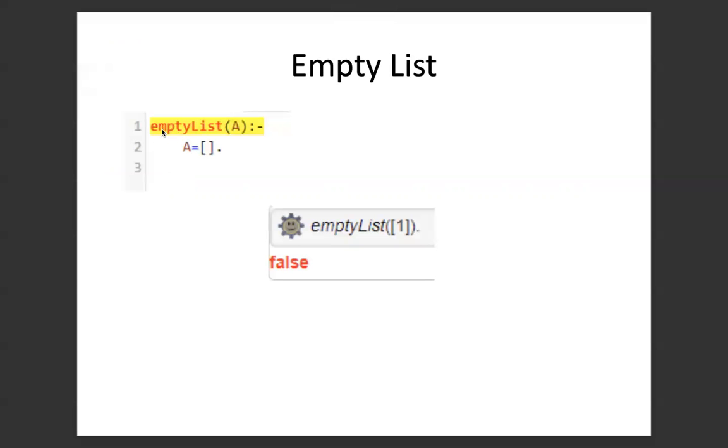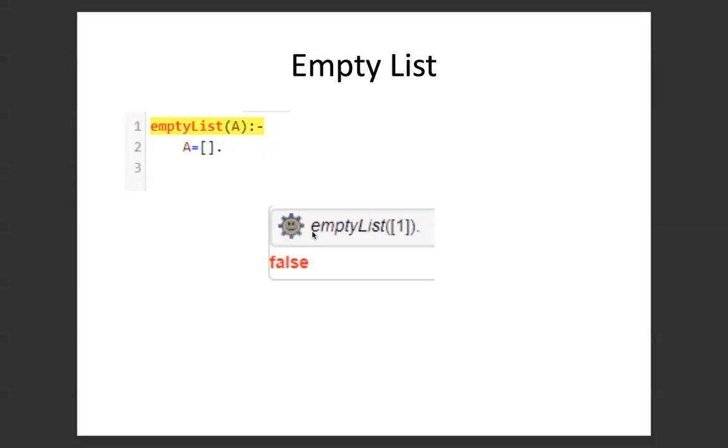Now, there's a rule for an empty list. A is an empty list if A has no elements. So I just defined a rule here, and the rule states that A is an empty list if A is equal to empty. There are no elements in this list.